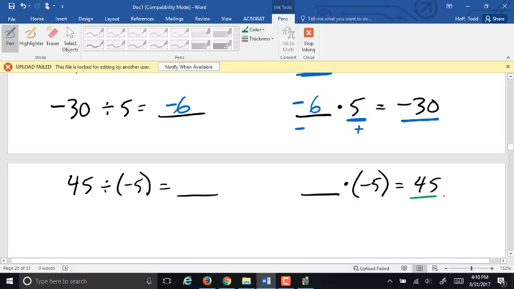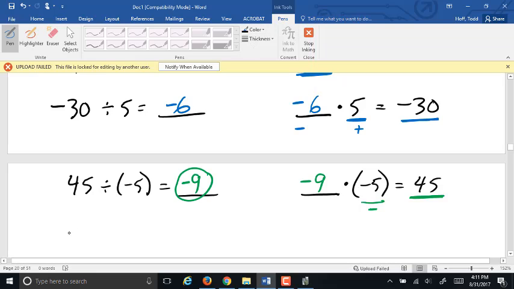Well, to get a positive result in multiplication, either both numbers have to be positive or both negative. This one's already negative, so that means this one must also be negative. So what times 5 is 45? 9. So negative 9 times negative 5 is a positive 45. So 45 divided by negative 5 has to be a negative 9.